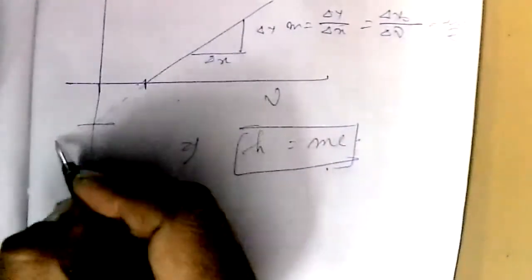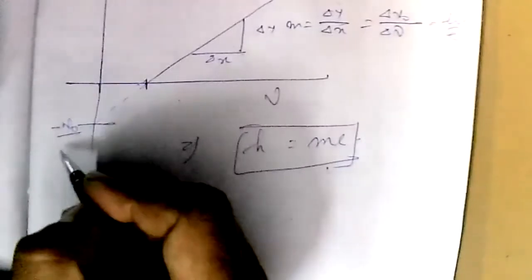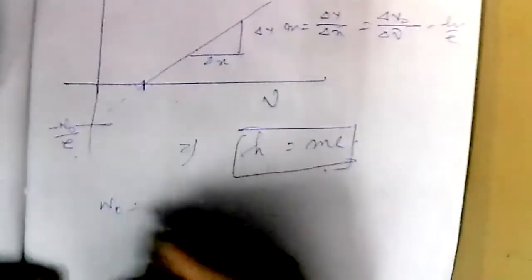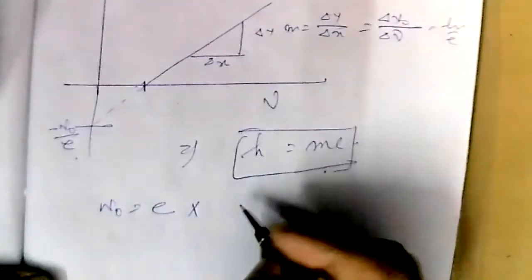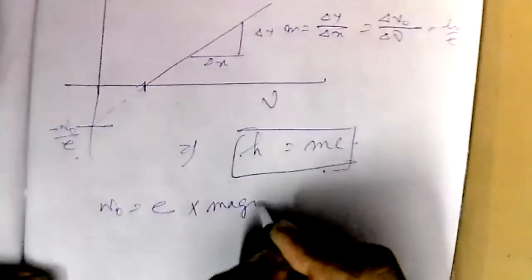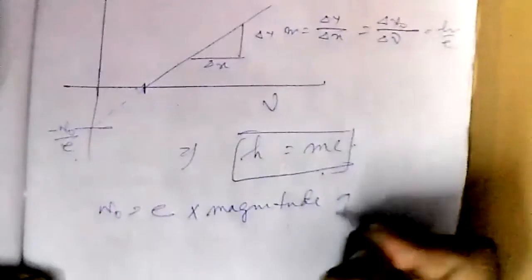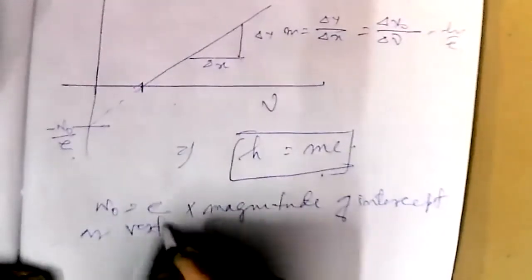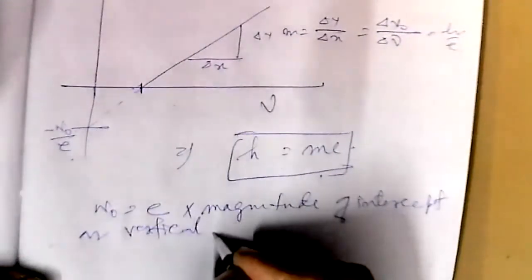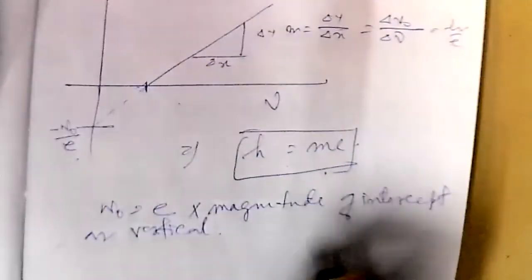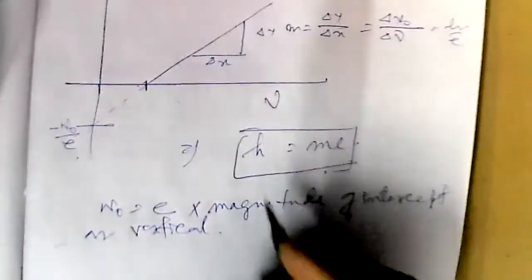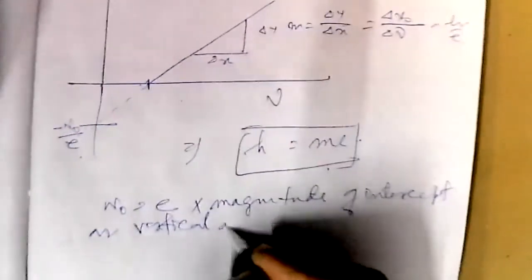After getting Planck's constant, from the intercept, which is given by minus phi naught by e, phi naught equals e into the magnitude of the intercept on the vertical axis.